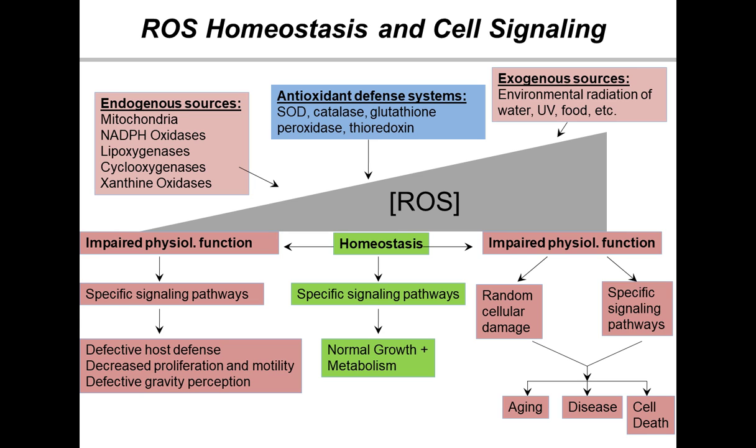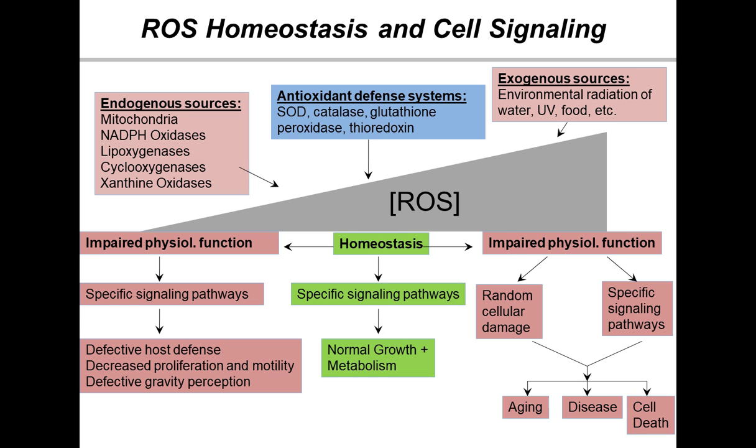So it's well known that at too high concentrations of ROS, you have impaired physiological function. You have oxidative stress, you have aging, you have diseases, and damage to the cells. Now, more recently, work from our lab and others have shown that if you have too low ROS, as shown here on the left, you also have impaired physiological functions.